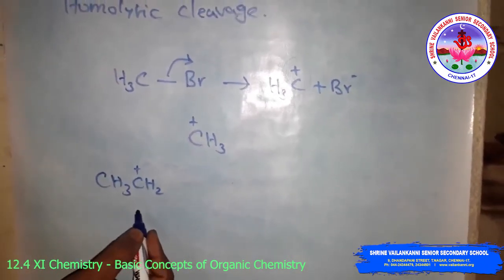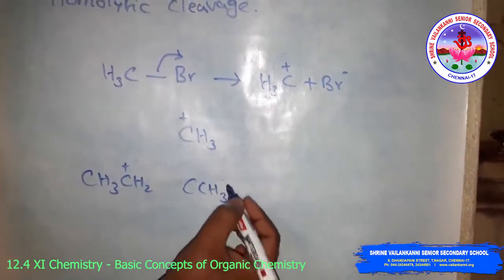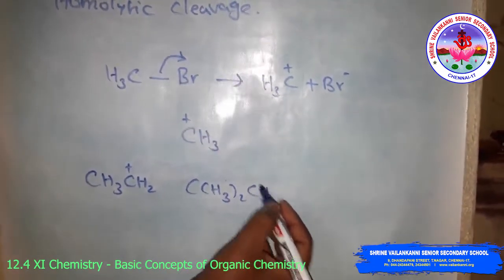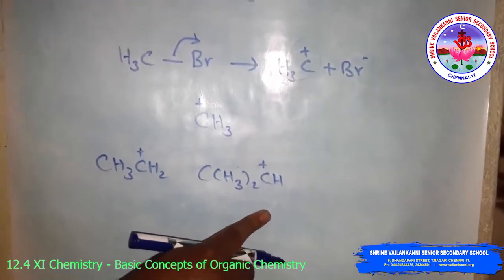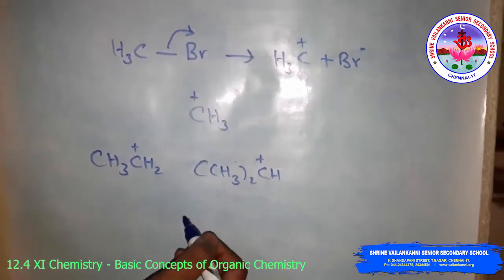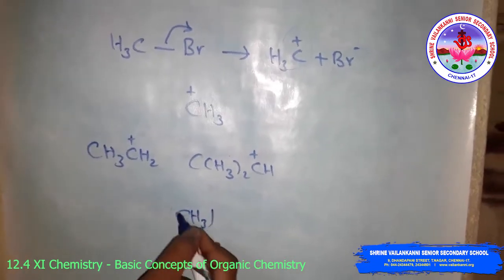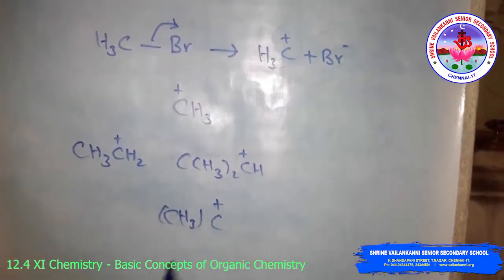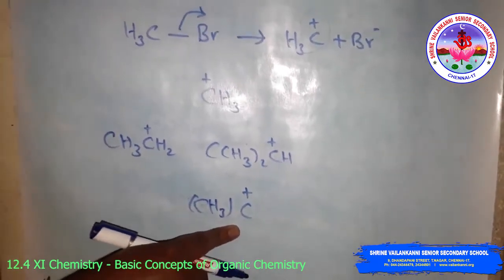Secondary is isopropyl, the secondary carbocation. Then the tertiary butyl cation, or the tertiary carbocation, which you can write as (CH3)3C+.